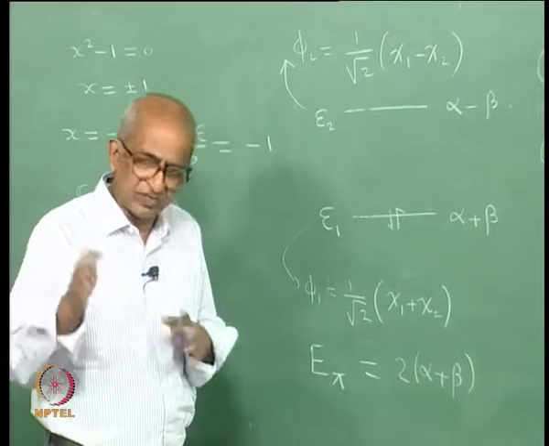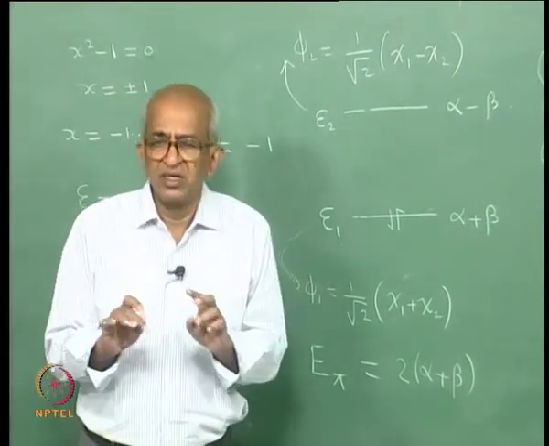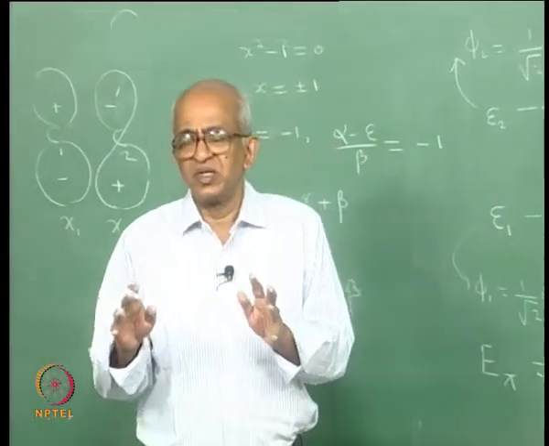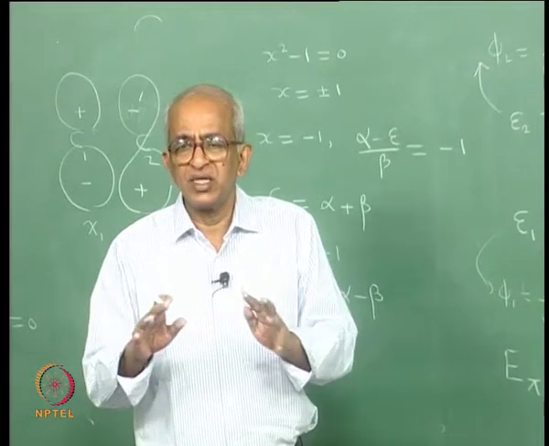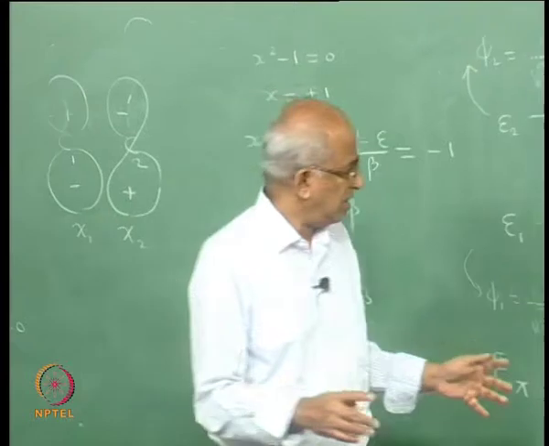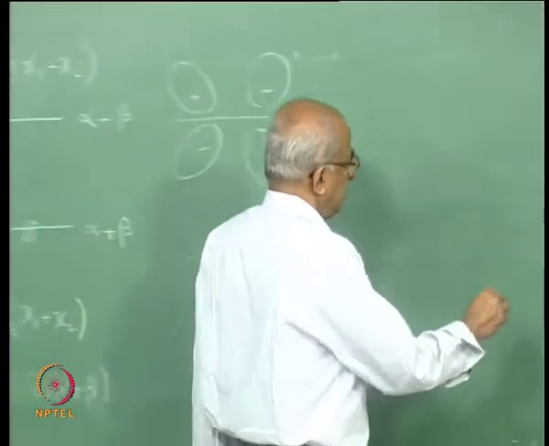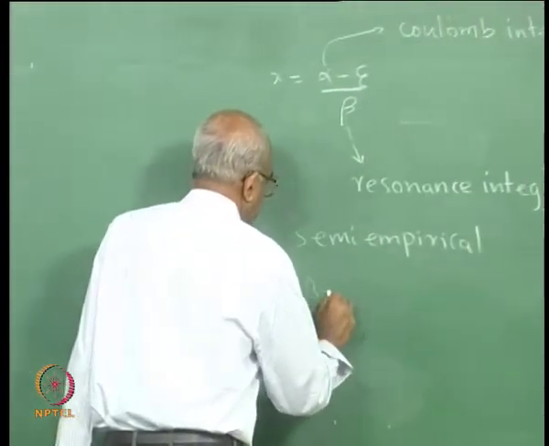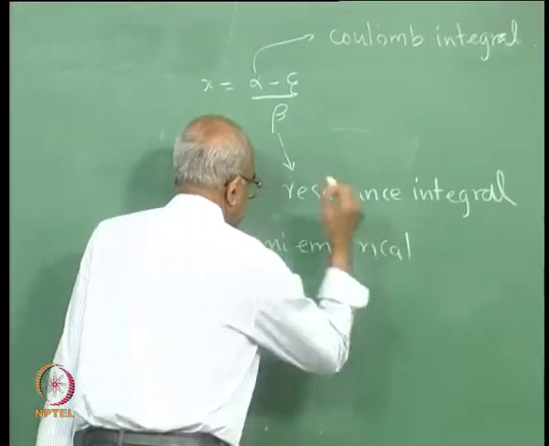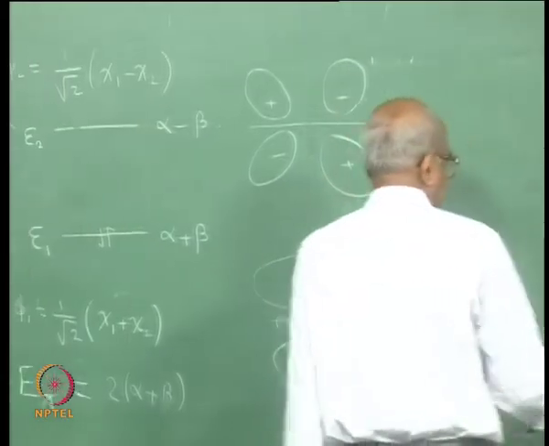There are other ways of estimating the value of beta, but again this is a little bit problematic, because depending upon the method that you use, the values of beta that you get are somewhat different. And we will assume the value of beta to be 230 kilojoules per mole.